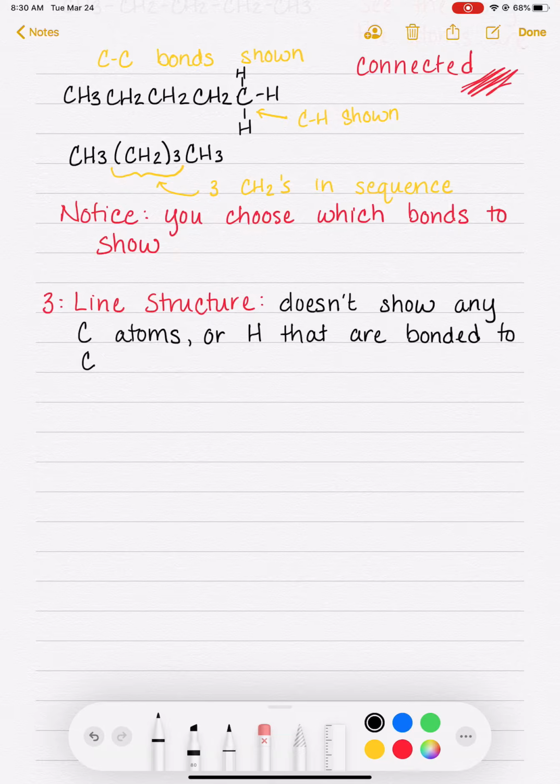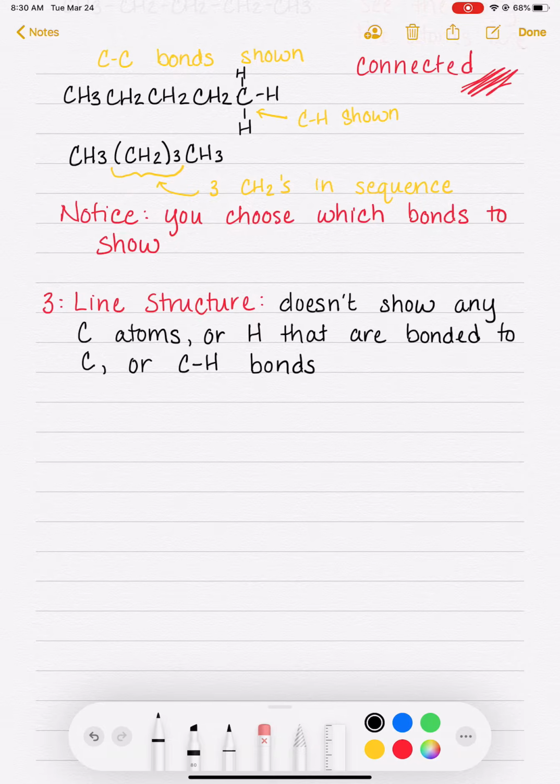It will show hydrogen atoms that are bonded to other atoms, like hydrogens bonded to oxygens or hydrogens bonded to nitrogens. And the line structure also doesn't show carbon-hydrogen bonds. So that's a lot of stuff to leave out.